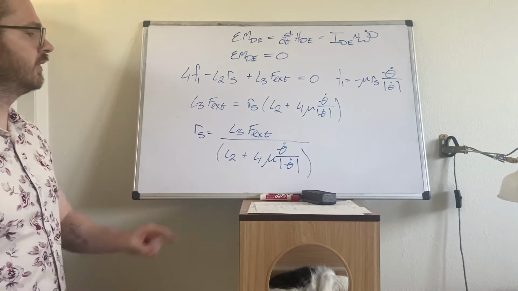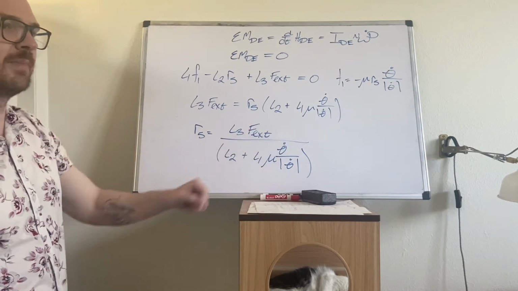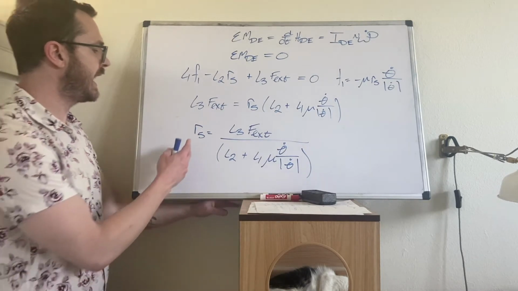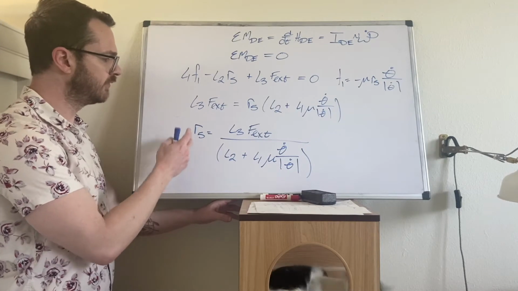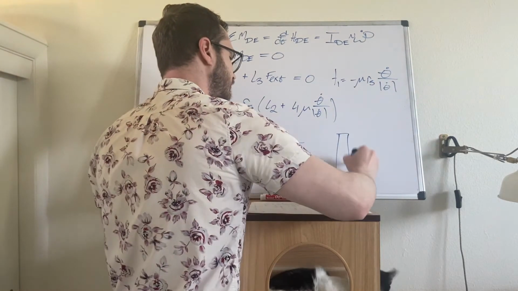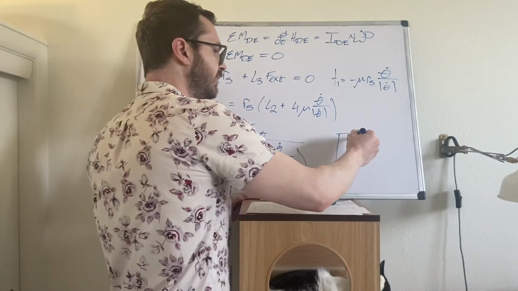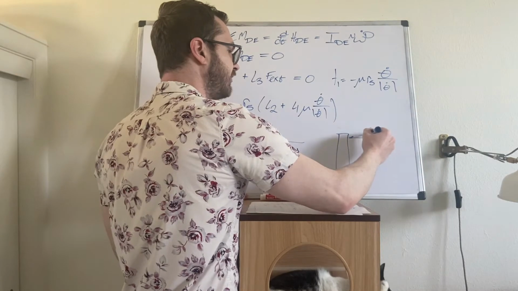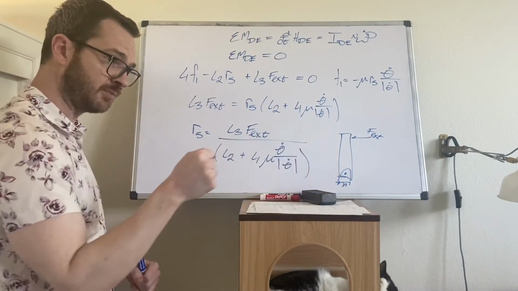Before we do though, I do want to point to one interesting term that is happening here: the magnitude of R5, the normal force between the handbrake and the disc. Let's think about this logically. You're applying some external force to this handbrake. You can imagine doing it literally with your hand, like pushing a lever.